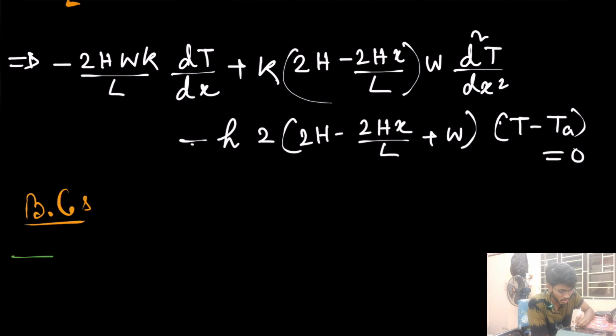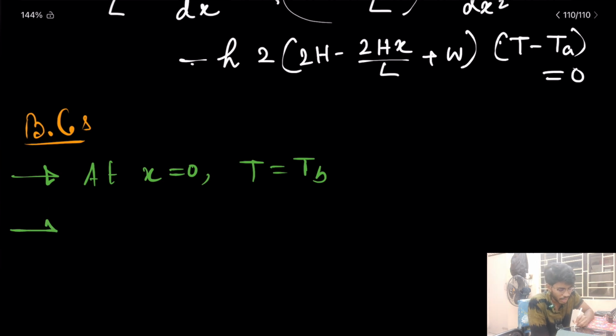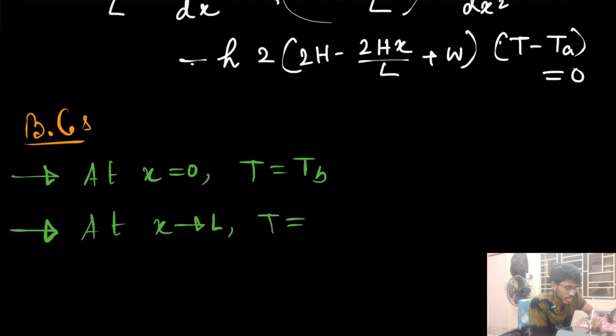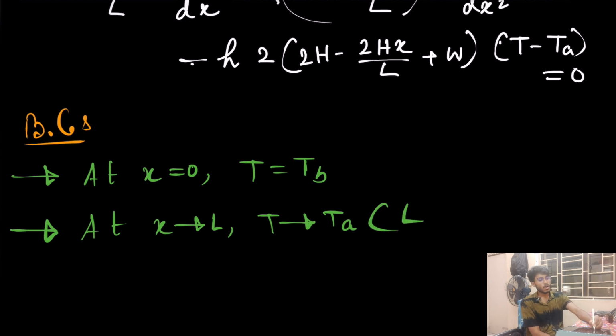The first boundary condition is at x equal to 0, T is equal to TB, any base temperature, and my second boundary condition that you can choose. I will choose that as x tends to L, T is tending towards TA. So which case am I considering? This is the long fin case.